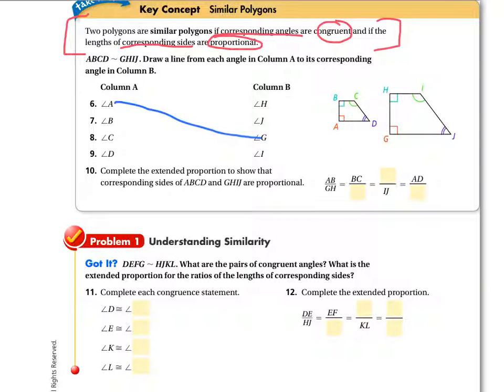H. And then what corresponds to C? And then what corresponds to D? And that leaves J, right?